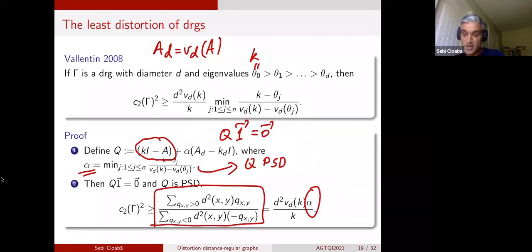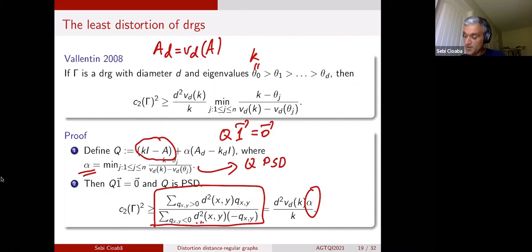Again, when you see the calculations the first time, they may look quite complicated and technical. But remember that at the bottom, by the observation earlier, you sum over all x and y that are adjacent. So here in the summation, this distance is going to be 1, and you just put in minus q of xy for all the adjacent vertices.